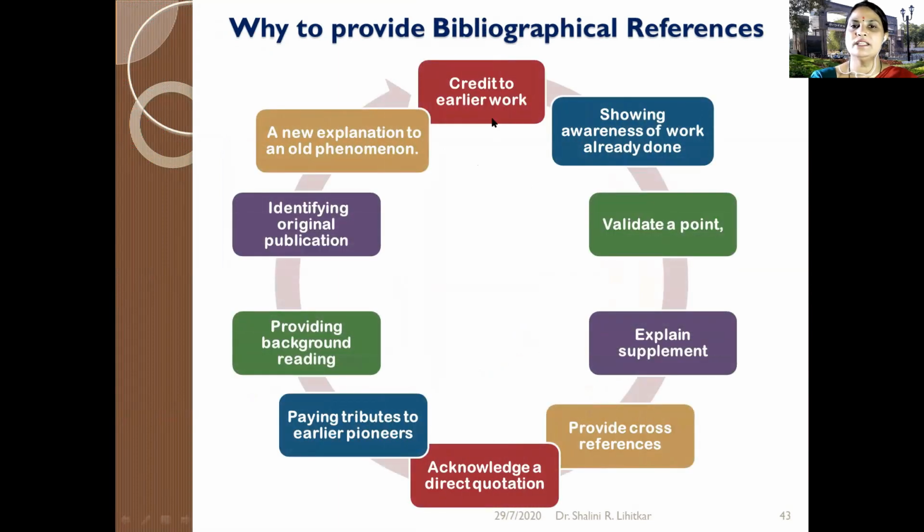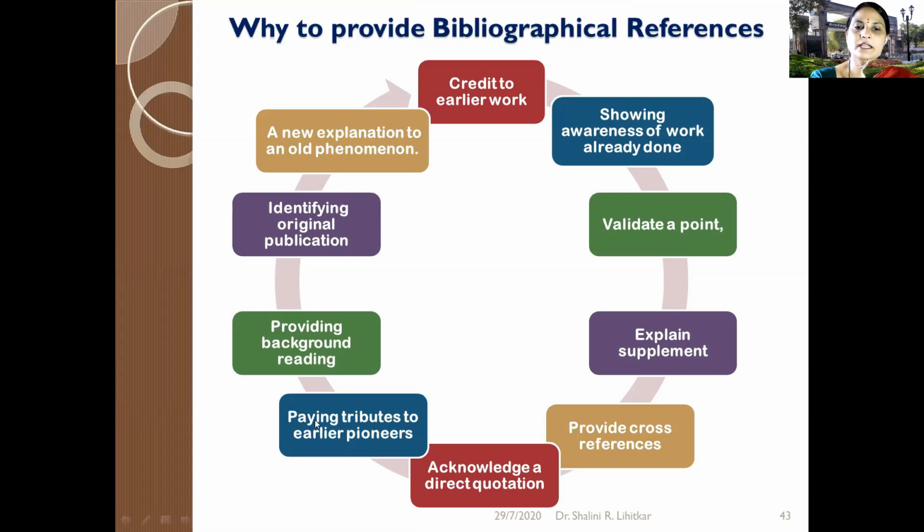Then why provide the bibliographical references? Friends, these are the points. We have to give credit to the earlier work, and that's why we have to write the bibliographical references systematically. We have to also show awareness of the work already done. We have to also validate the point, explain the statement or supplement our research report. We have to provide cross references, and we have to also acknowledge the previous work.